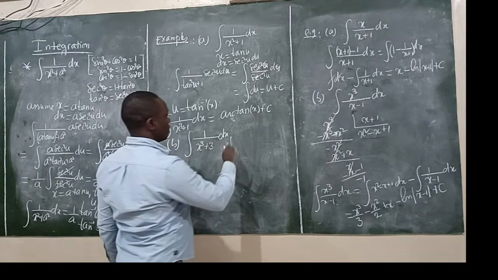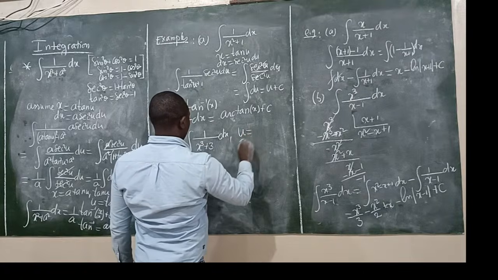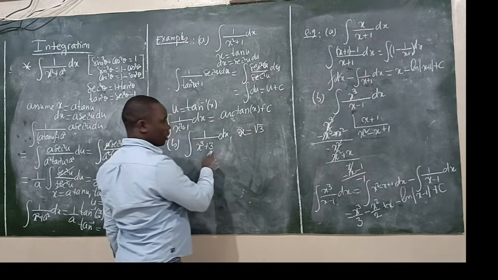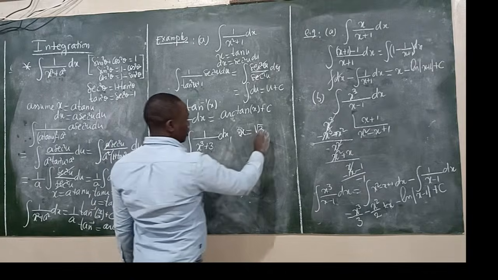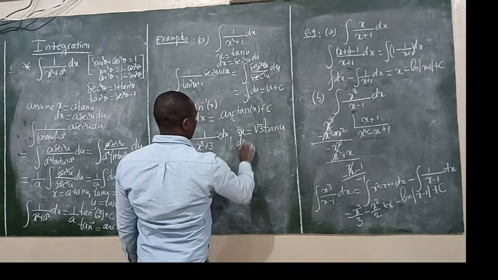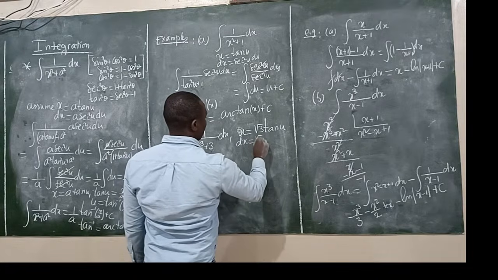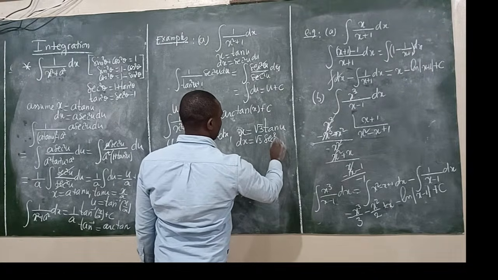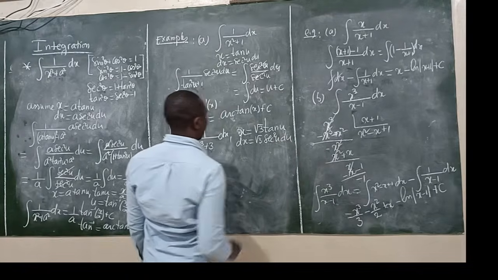Okay? We assume x to be the square root of this number, that is root 3 times the tangent of u, where dx is going to be the square root of 3 times the derivative of tangent, which is sec squared u du.